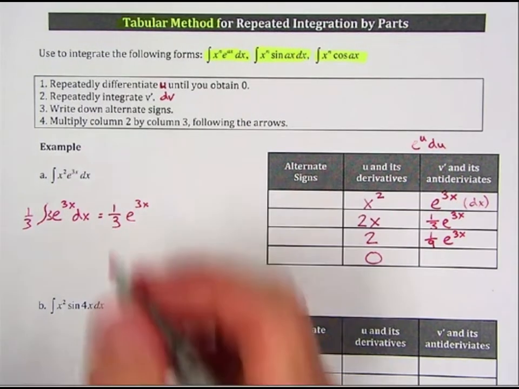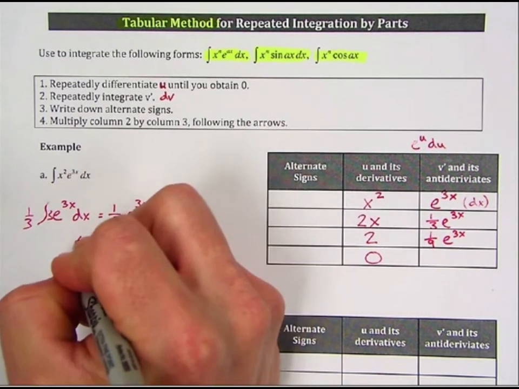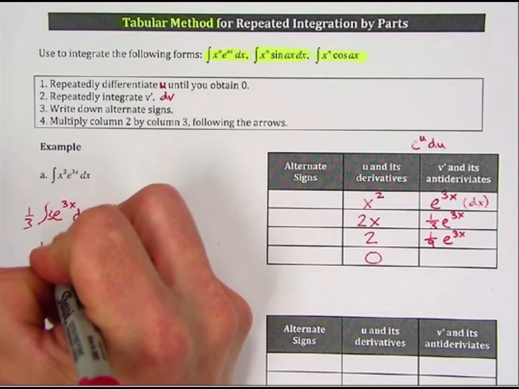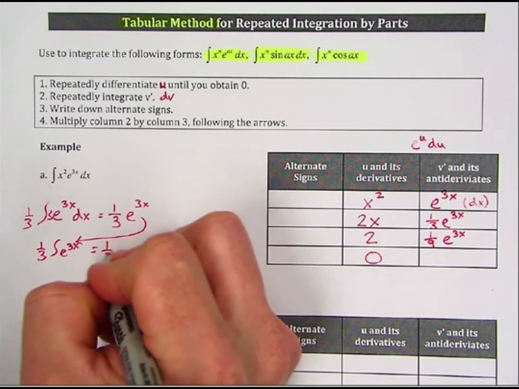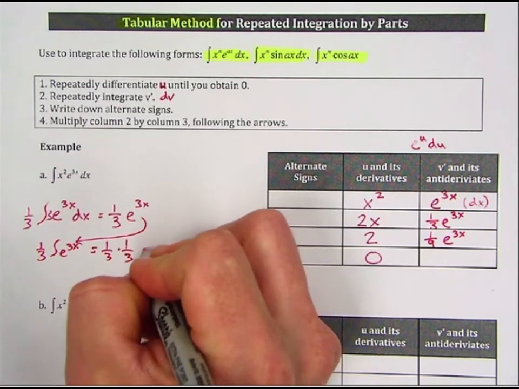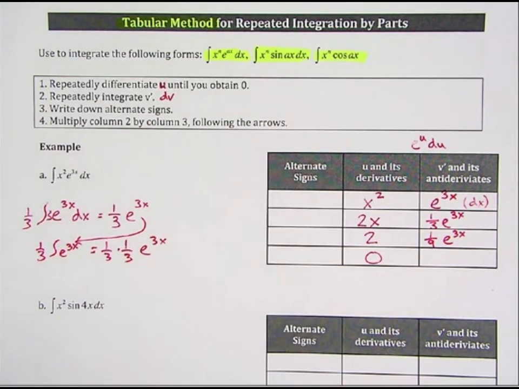Okay, did everybody get that? So is it 1 over the derivative of u, to the power of however many u's there are? I think it made sense.